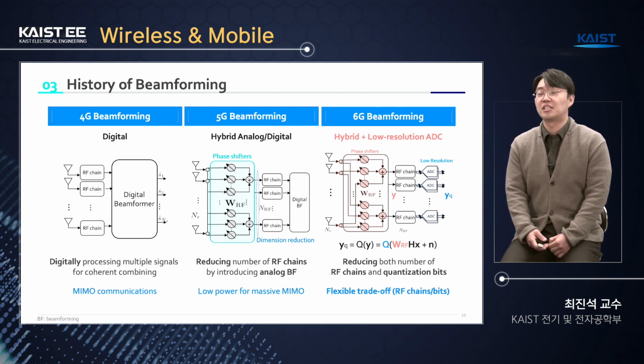However, this existing strategy for hybrid beamforming cannot be directly applied to the 6G beamforming structure, because the quantization is introduced and it's a function of the analog combiner. So we have to carefully design this analog combiner to deal with the quantization distortion.